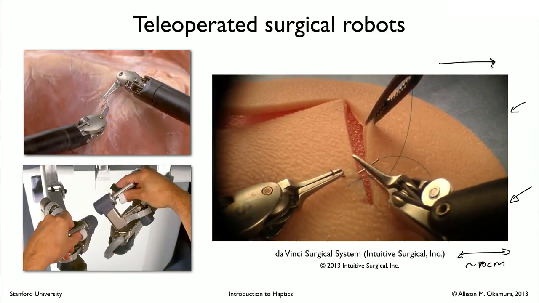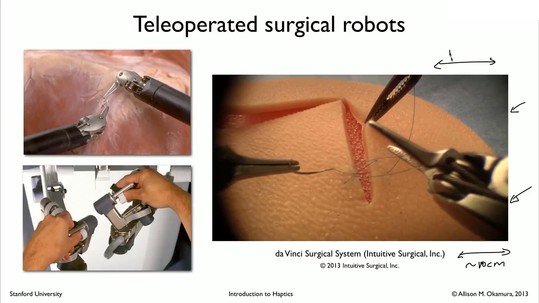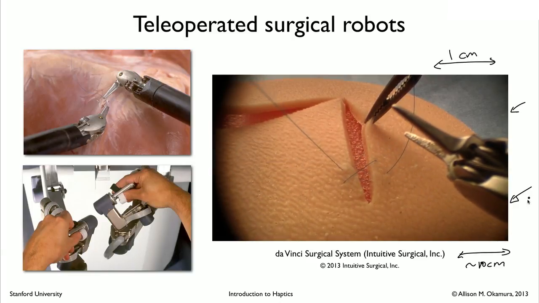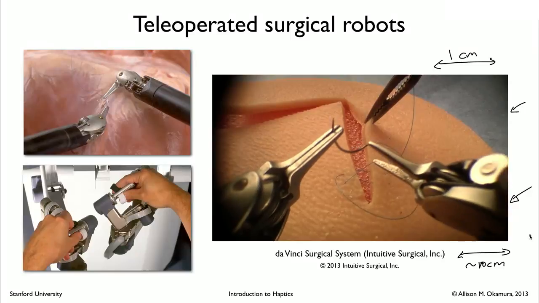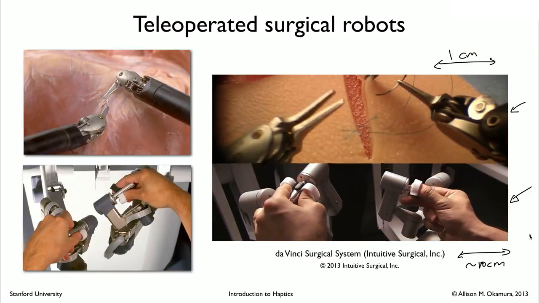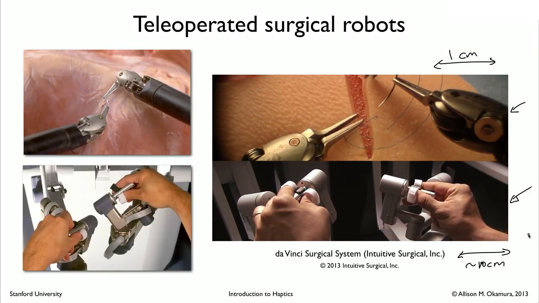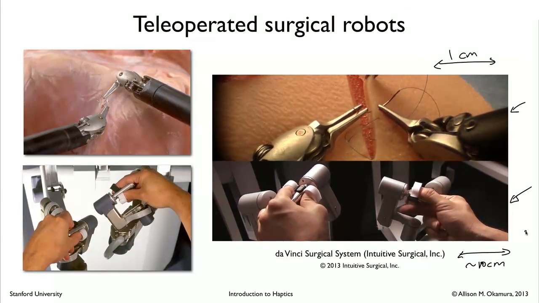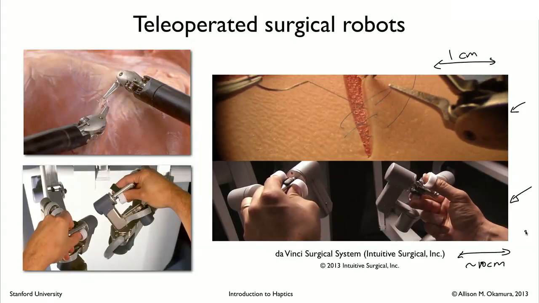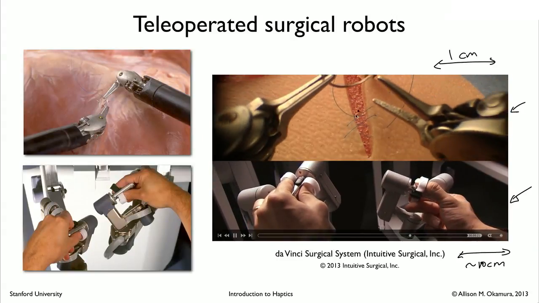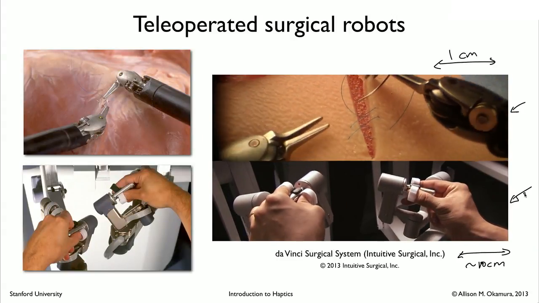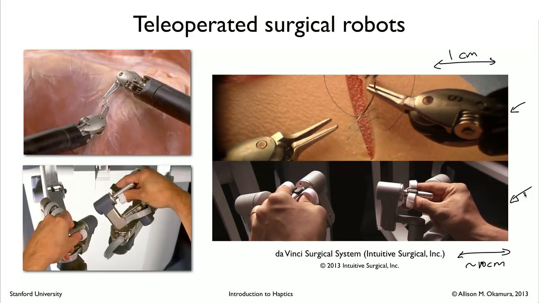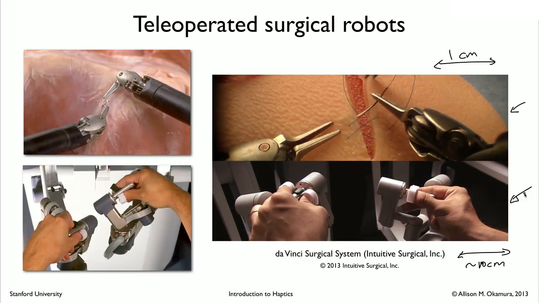But in the top image, that same distance was on the order of 1 centimeter. So you can imagine that by scaling the operator motions down, you make the user more accurate. I'm not going to talk about how we do haptic feedback in a scenario like this because it's not yet clinically implemented, at least not in a way that you could feel the minute forces of interacting with these sutures. But that's an interesting and open area of research that, as I mentioned, has a lot of potential.